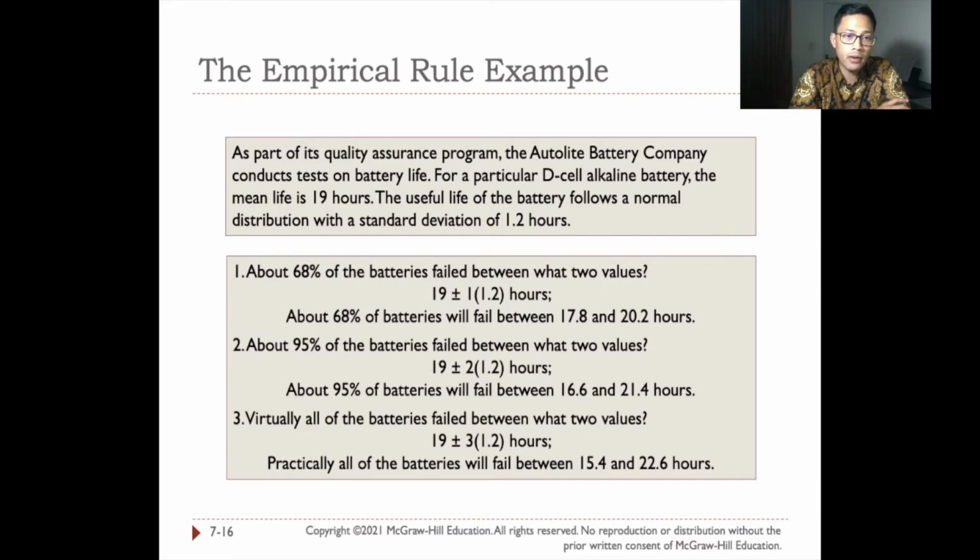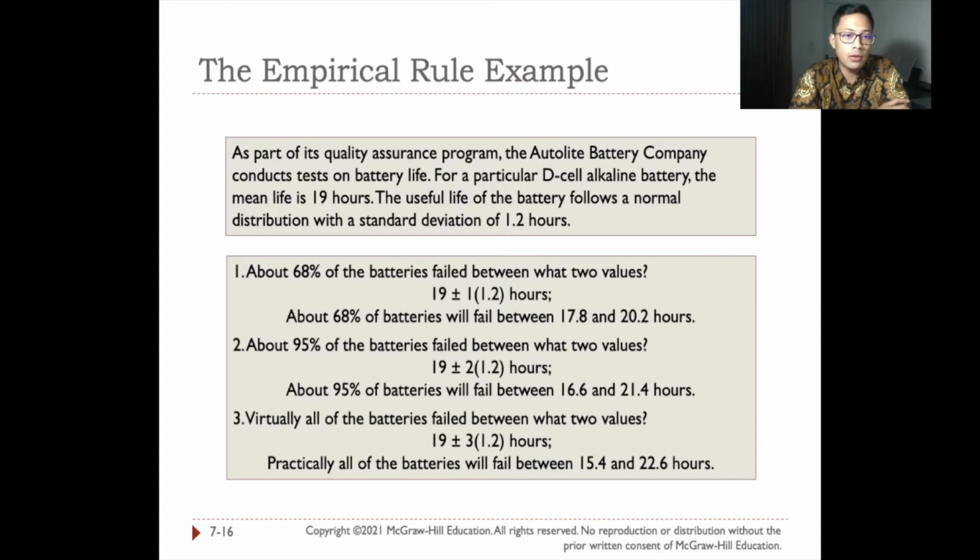Now, as part of its quality assurance program, the Autolite battery company conducts tests on battery life. For a particular D-cell alkaline battery, the mean life is 19 hours. The useful life of the battery follows a normal distribution with a standard deviation of 1.2 hours. So in this particular case, the mean is 19 hours and the standard deviation is 1.2 hours.